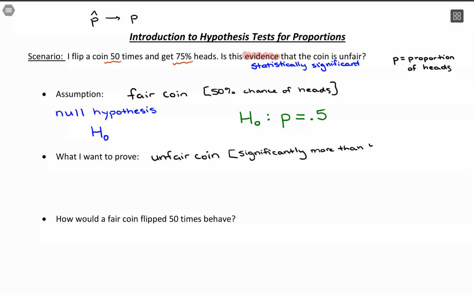This is where I want to show how things are changing. How is my sample going to prove some sort of change from our assumption? What we're stating here is called the alternative hypothesis.